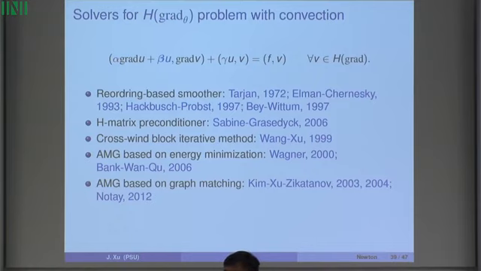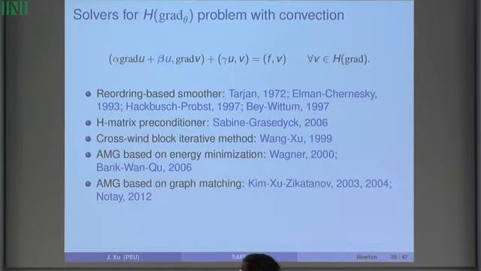In that case, you can preserve the M matrix property on the coarse mesh. If you do fancy prolongation or restriction, you don't. But anyway, for the M matrix property, I have very efficient multigrid solvers. Okay, but you have to do a good smoother.